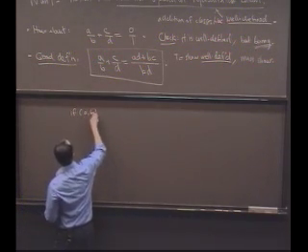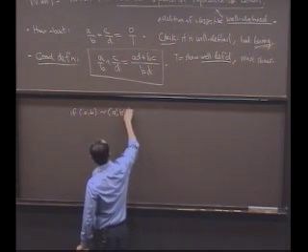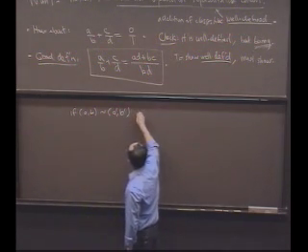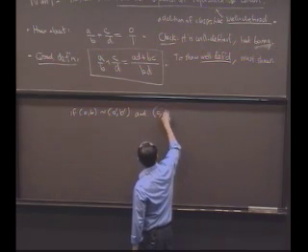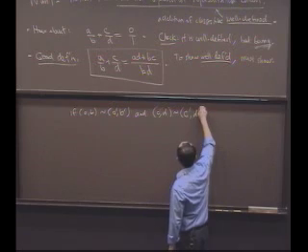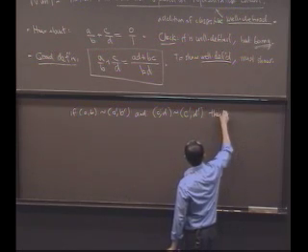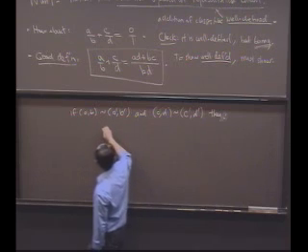If (A,B) is equivalent to (A prime, B prime), and (C,D) is equivalent to (C prime, D prime), then what?